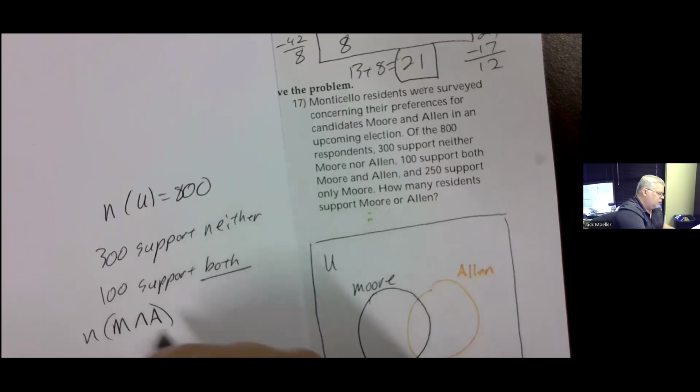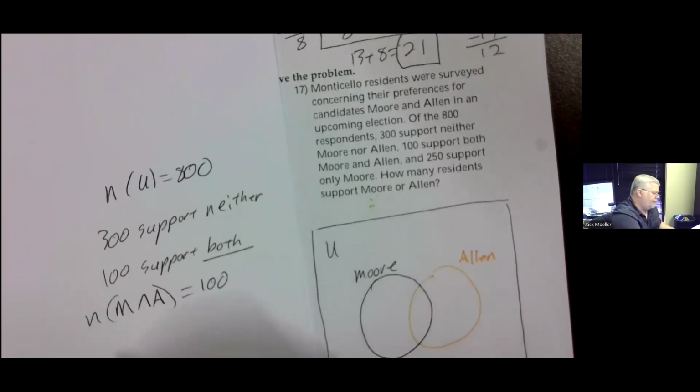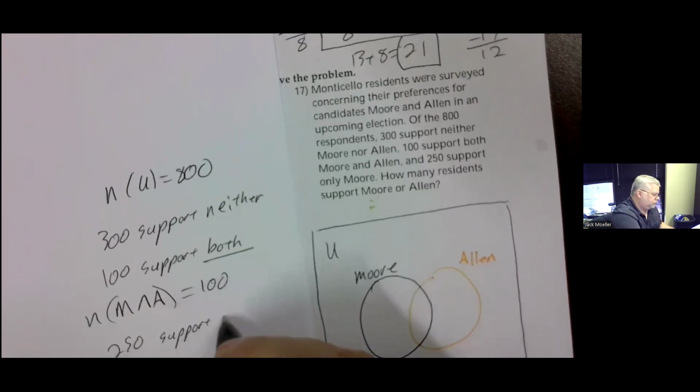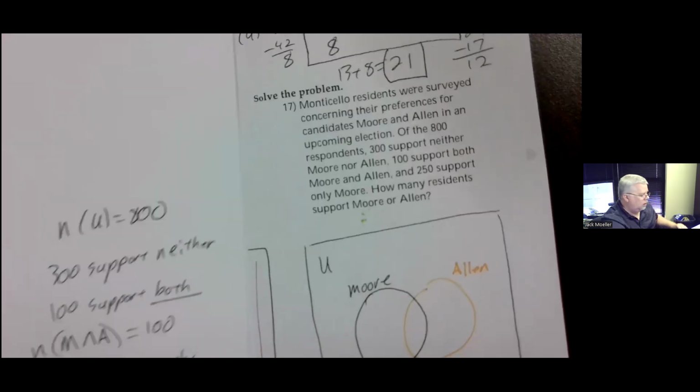So we know the number of the intersection is 100. Okay, and then 250 support only Moore. And then the question is how many support Moore or Allen.